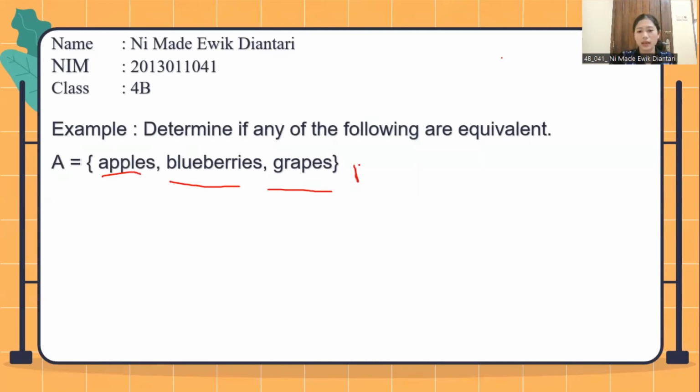Set A, which contains the elements apples, blueberries, grapes. The cardinal number for set A is equal to 3. Moving along, set B, which contains the elements 1, 5, 9, 13.